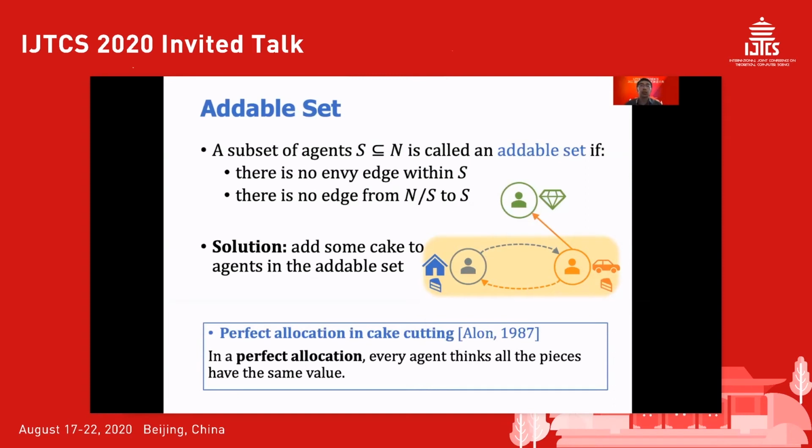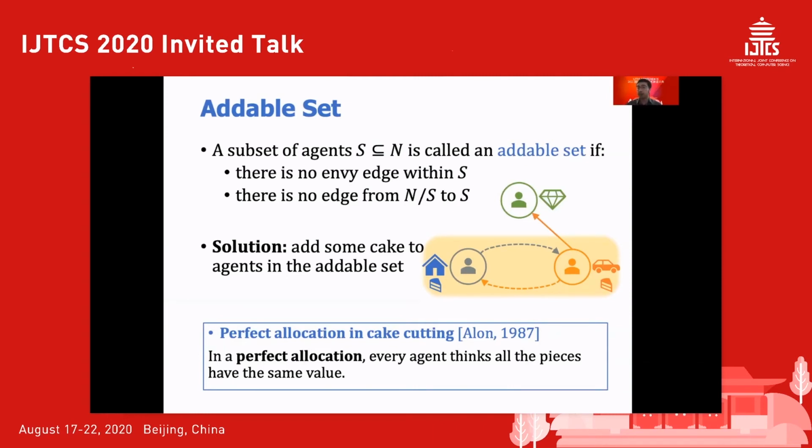Here, we want to add the cake to the agents in this set via a perfect allocation. A perfect allocation in cake cutting is an allocation such that every agent would think that all the pieces have exactly the same value. It was proven by Long in 1987 that in any cake cutting scenario, for any number of players, a perfect allocation always exists.